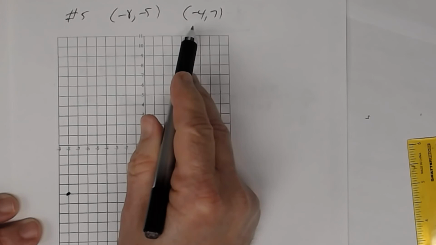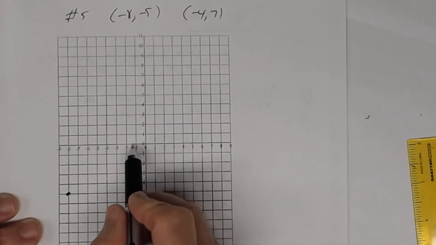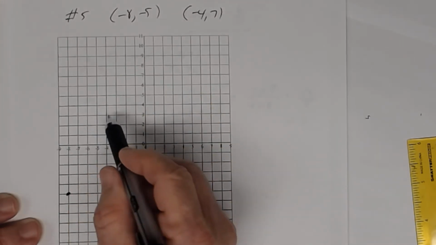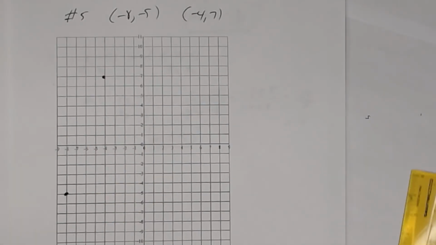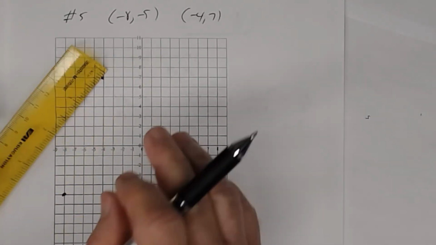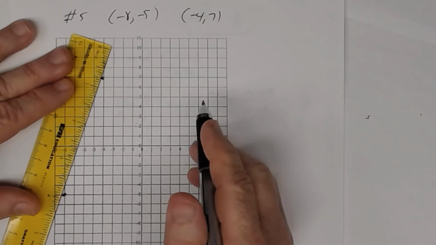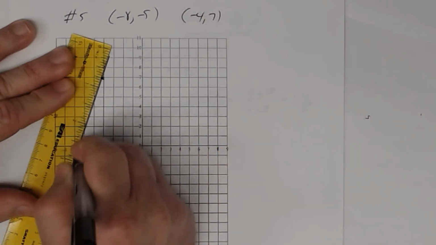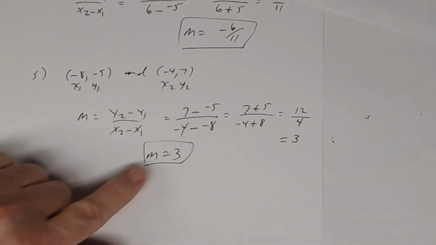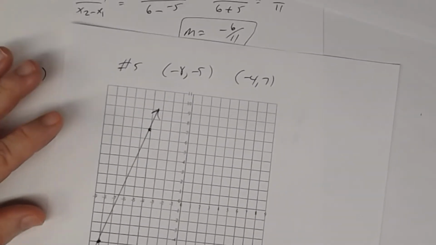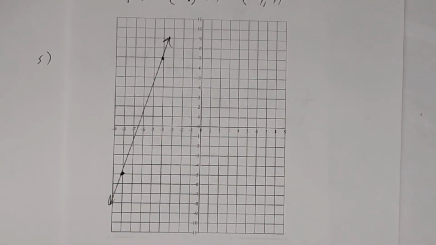And negative 4, 7 is right here. And then drawing the line, I get this line, right? Remember the slope is positive 3, so notice the line is rising. It better rise.